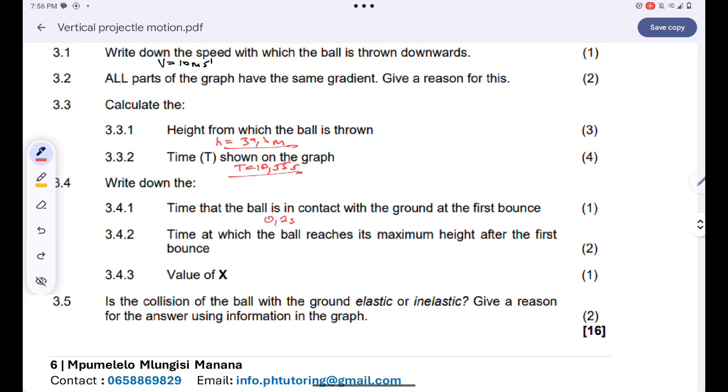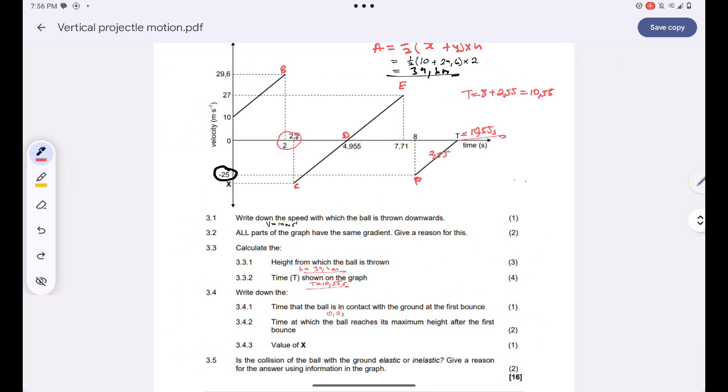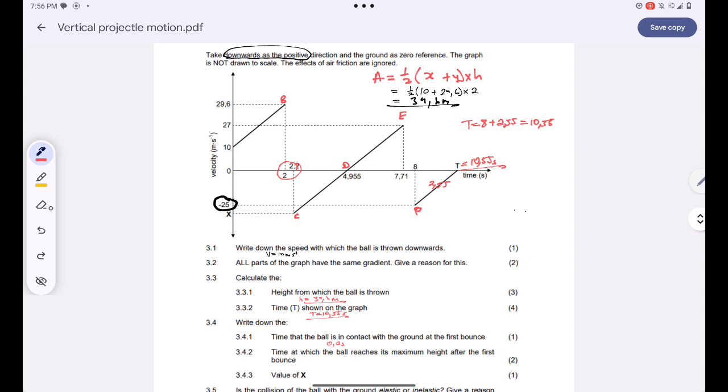Write down the time at which the ball reaches a maximum height after the first bounce. We must find, remember that, guys, D is the first maximum height, T is the second maximum height, right? They want the time that it took the ball to reach a maximum height after the first bounce.